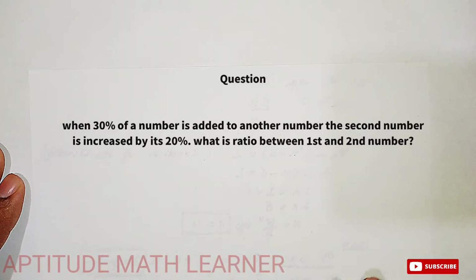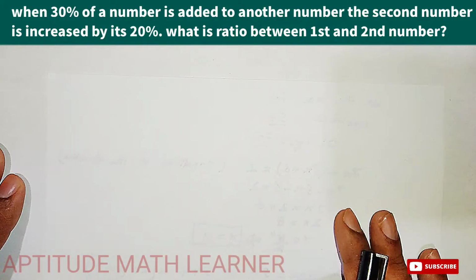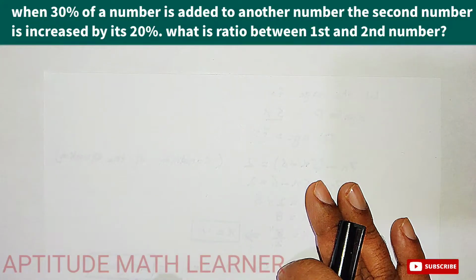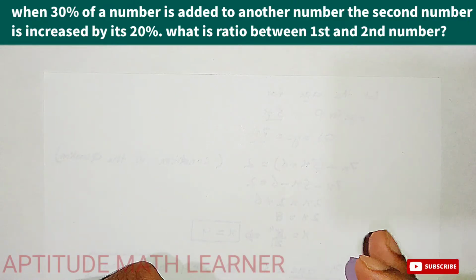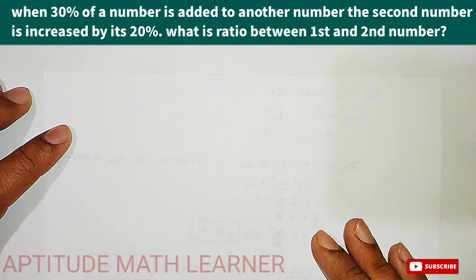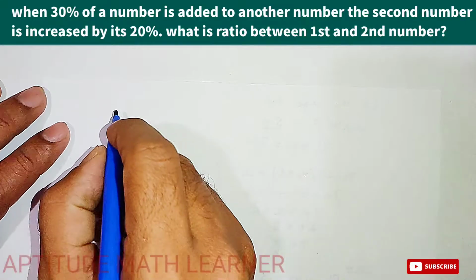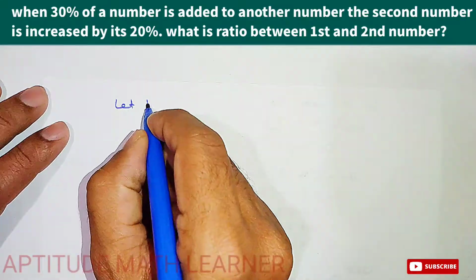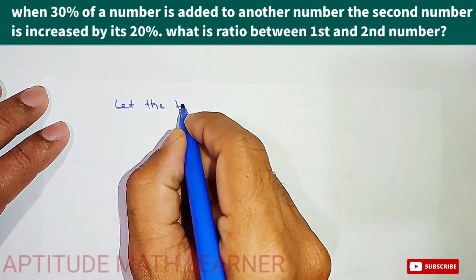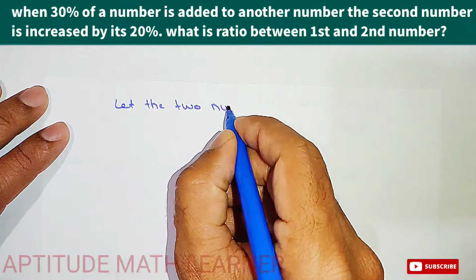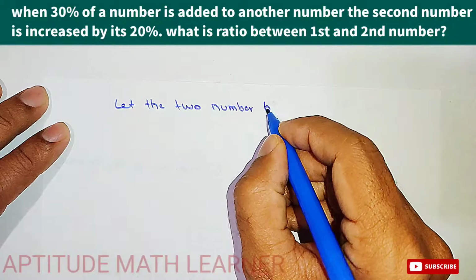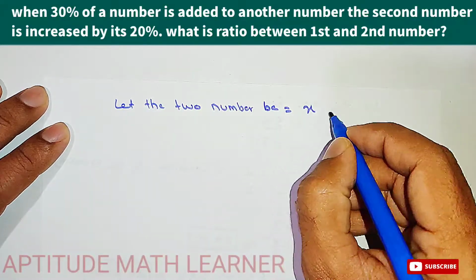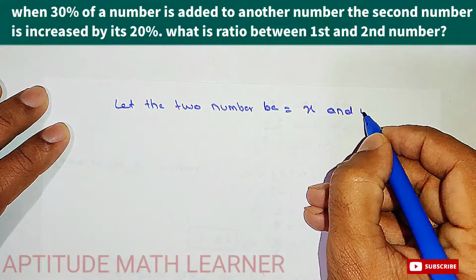According to the given condition in the question, when 30% of a number is added to another number, the first thing we have to do is let the two numbers be x and y.